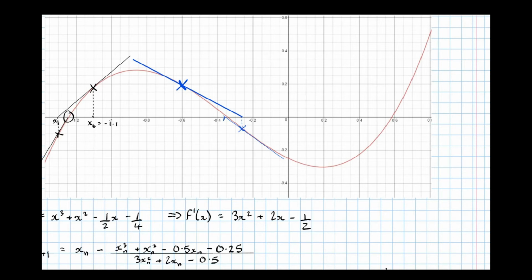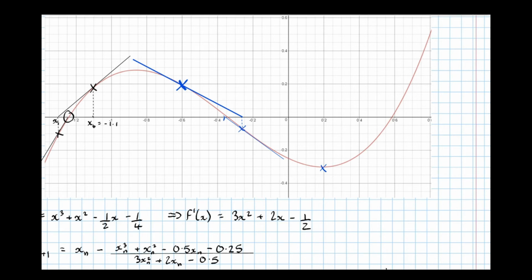So a word of warning with the Newton-Raphson method though, it's not very good if you choose your start value around stationary points. So let's say we chose 0.2 as our start value. What's going to happen here, and I'll do it in a different colour, red.